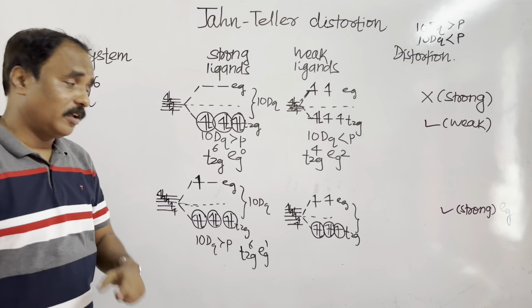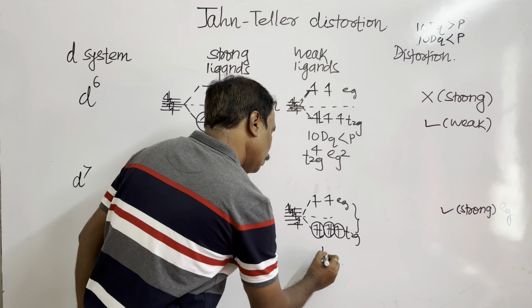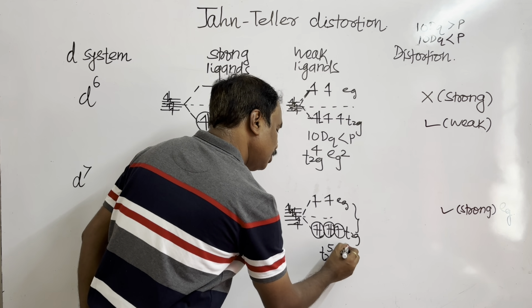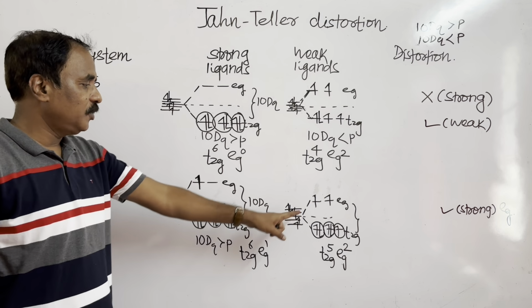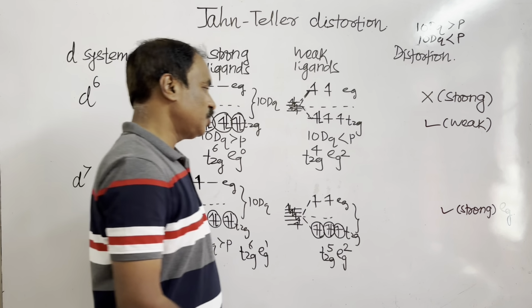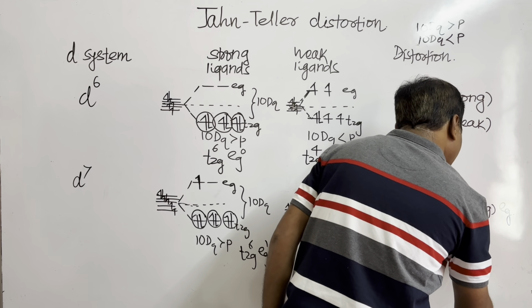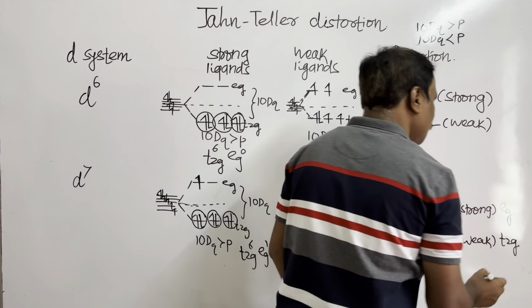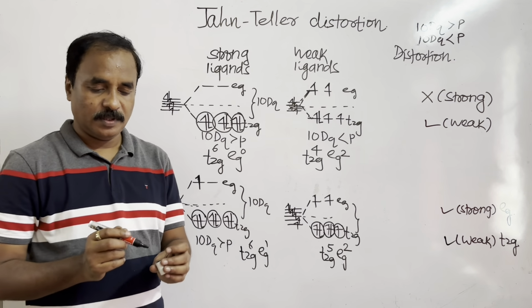So this is unsymmetrical. Electronic configuration is t2g5 and eg2. eg is symmetrical, t2g is unsymmetrical. So there is a distortion in geometry when there is attack of weak ligands. But who is responsible for this? t2g is responsible for this.